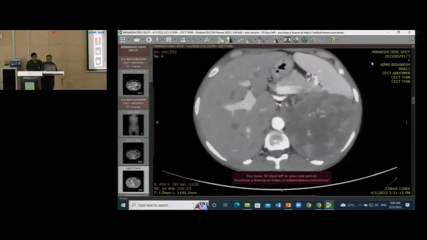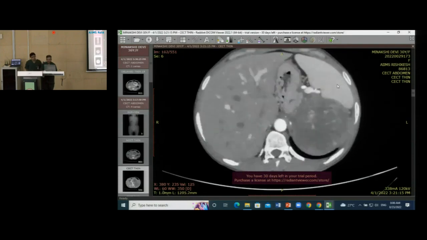Further superiorly, this lesion is compressing and displacing the spleen anteriorly. The lesion is also abutting the stomach with loss of fat plane. However, no obvious infiltration is seen.